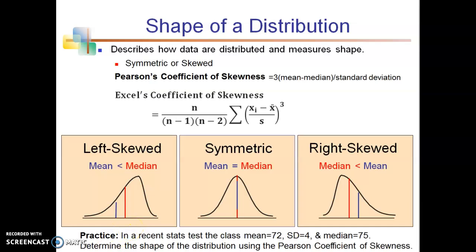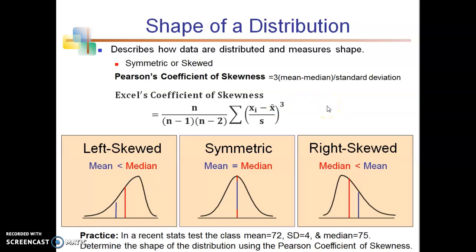Now, we can use visual aids to understand whether we have symmetric or skewed distributions. We can also use numerical, mathematical aids. And there are two that we're going to focus on. There's the Pearson's coefficient of skewness, which is through this formula here, and then there's Excel's coefficient of skewness.